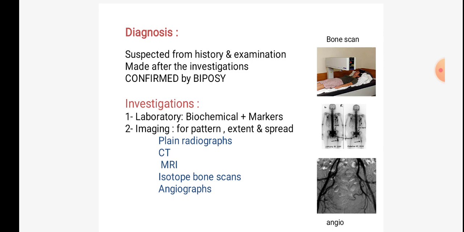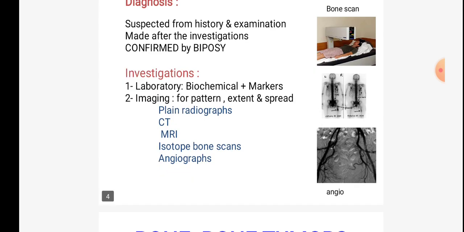The radiological correlation is very important during the diagnosis of a bone tumor. It is suspected from the history and examination, made after the investigations, and confirmed by the biopsy. So biochemical markers, imaging, CT, MRI, plain radiographs, isotope bone scans, angiographs, all this.